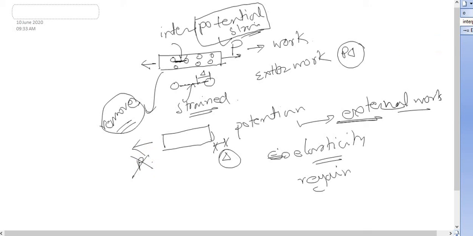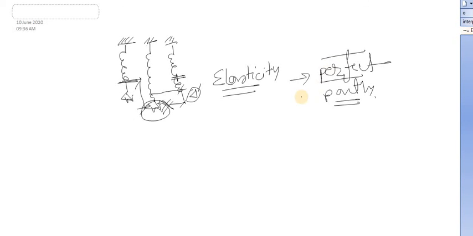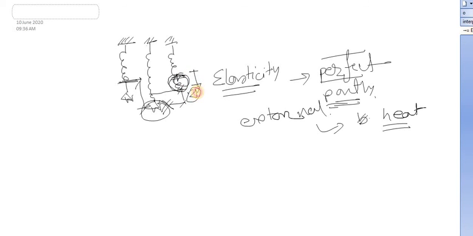But in case of a partly elastic material, some amount of this external work is converted into heat. That's why it cannot come back to its original shape. A permanent deflection remains here. Okay, clear? So this is all about elasticity.